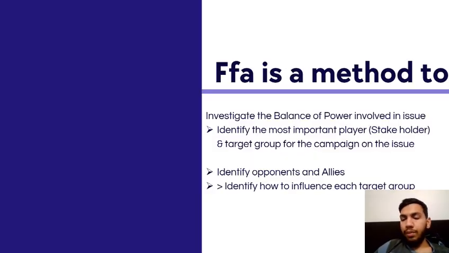Force field analysis is a method to investigate the balance of power involved in an issue and identify the most important players, the stakeholders and target group of a campaign on the issue, and also identify the opponents and allies for the organization, and identify how to influence each target group.